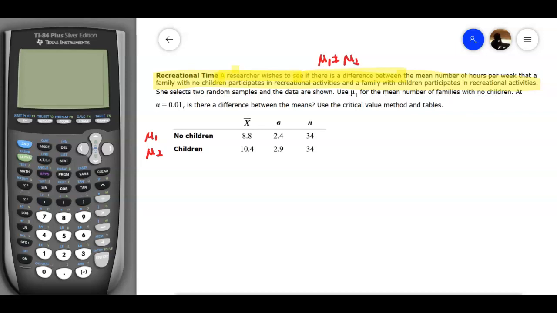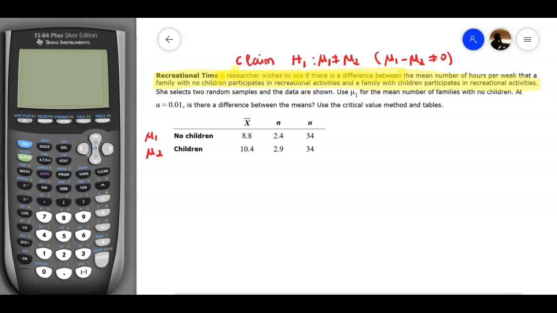You can write it as mu1 minus mu2 is different than 0. Because there is a different sign here, this can only be H1, it can't be H0. So this is my claim.